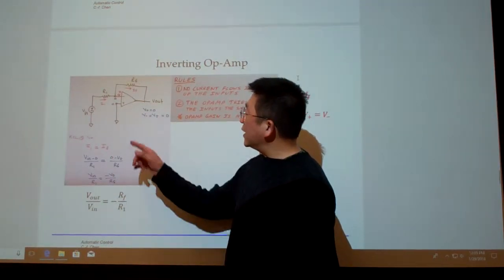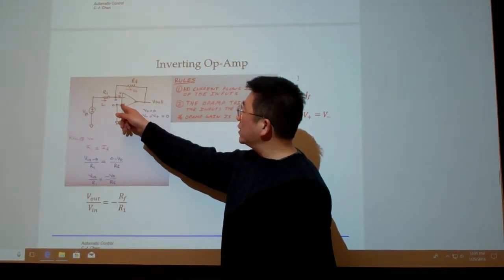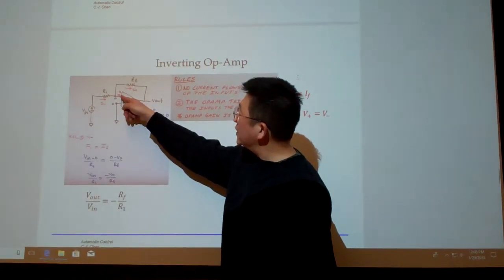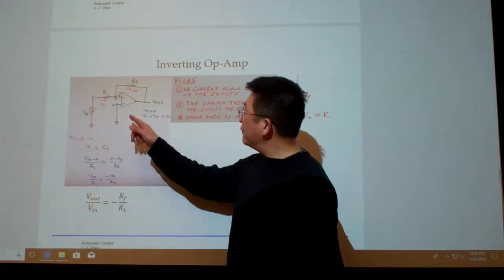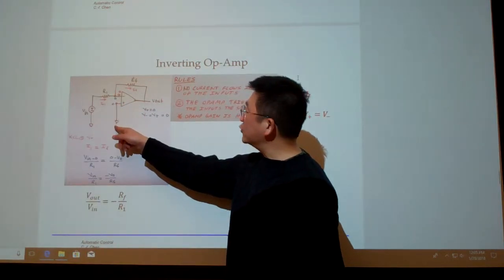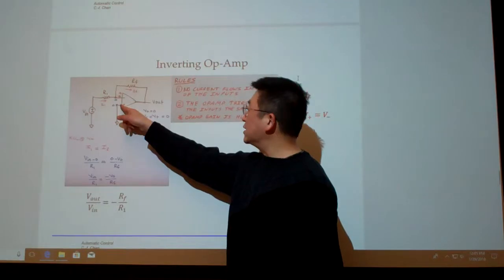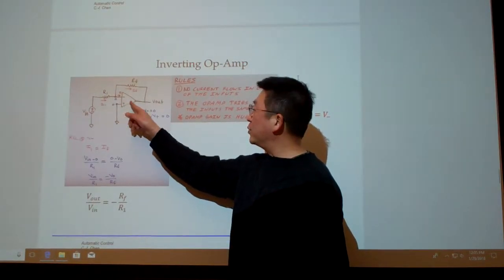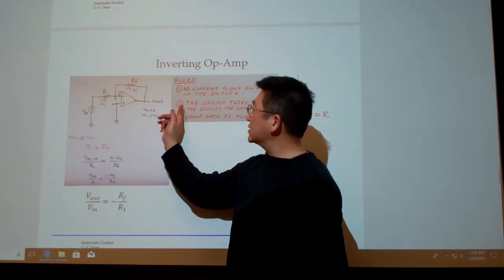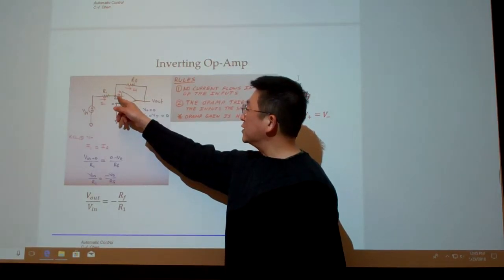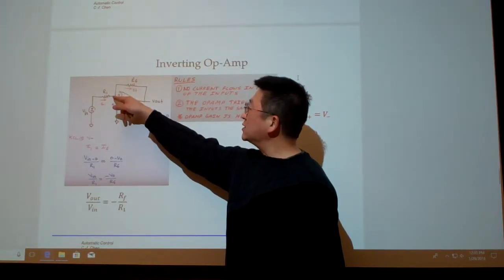The second rule: the voltage at this point equals the voltage at this point here. And because this one is connected to ground, taken as reference ground, it equals 0. So by applying rule 2, the voltage here must equal 0 in this configuration.